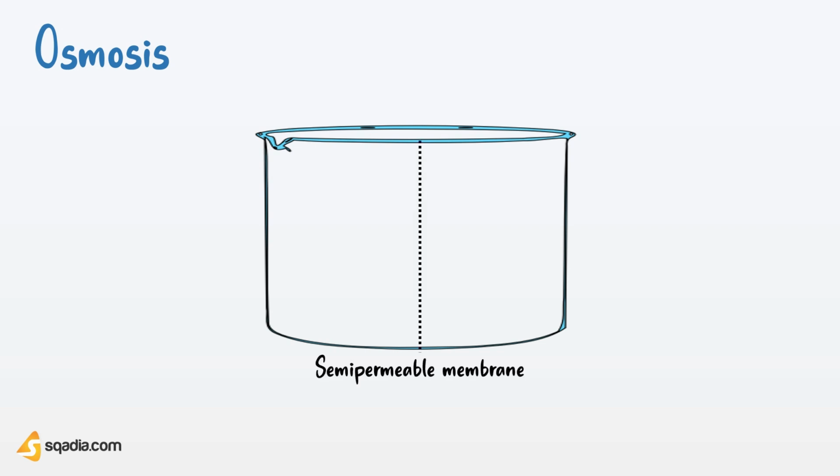Suppose we have a container that has a semipermeable membrane at the center, dividing it into two equal halves. This semipermeable membrane is also selectively permeable, which means it allows only selective substances to pass through it.